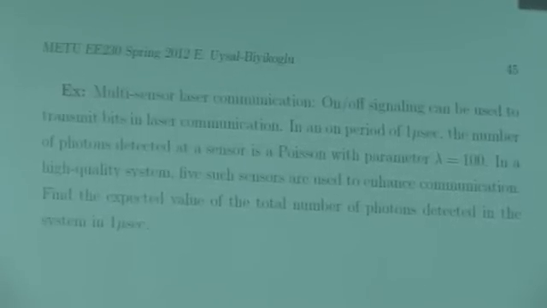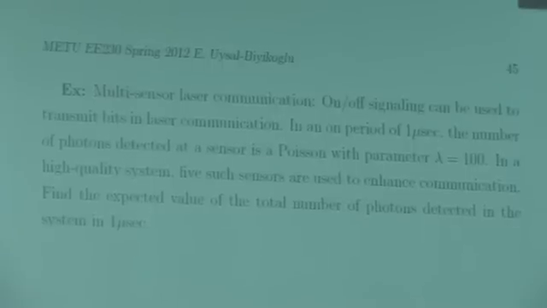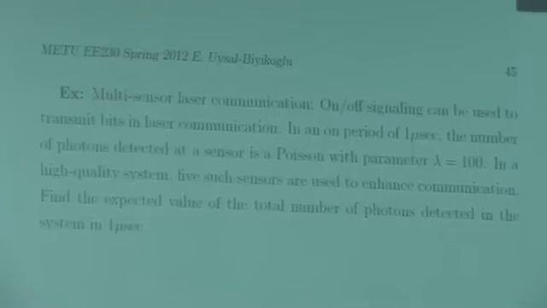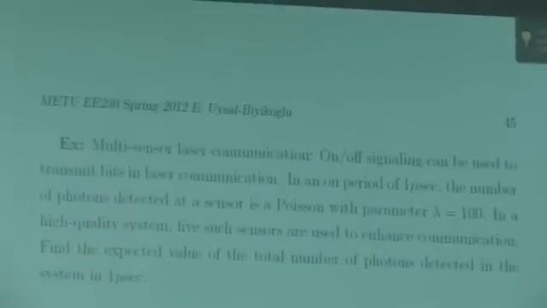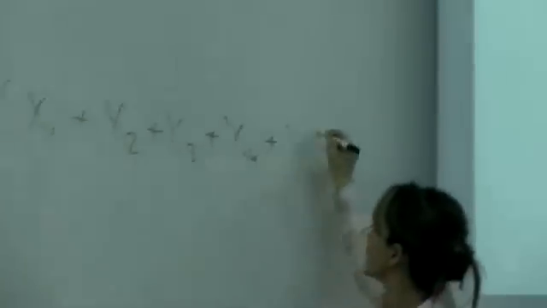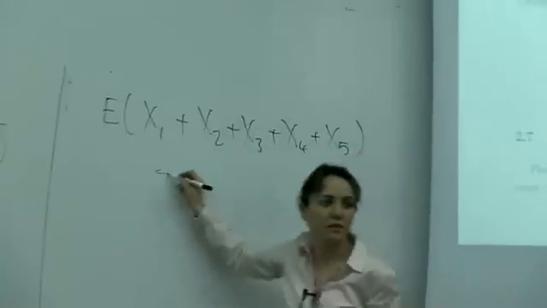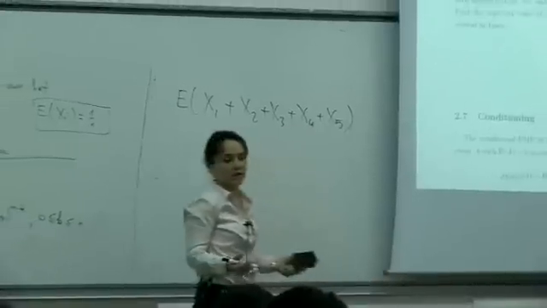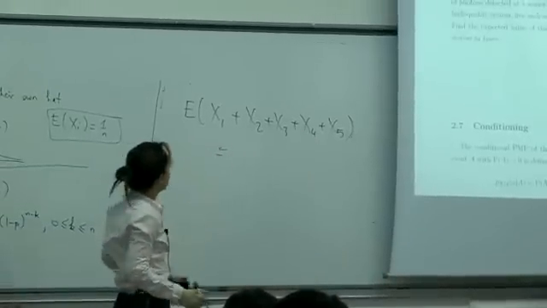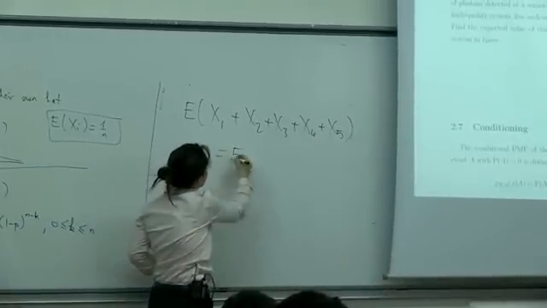They are all Poisson with the same distribution. The expected value of x1 plus x2 plus x3 plus x4 plus x5 is just 5 times 100, which is 500.